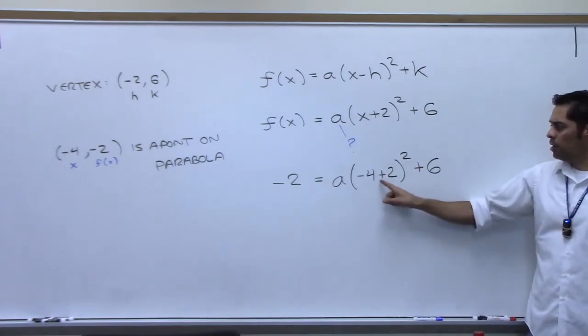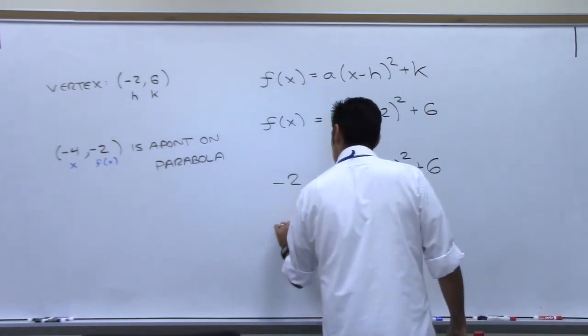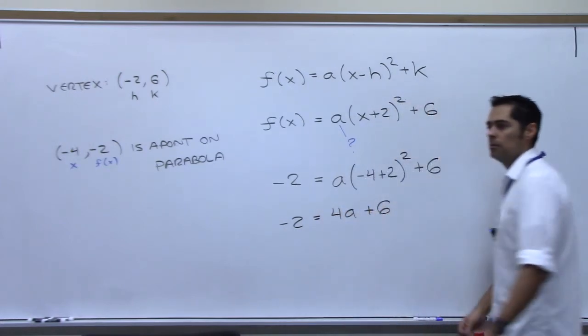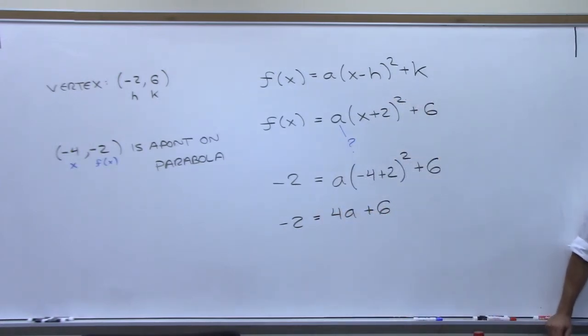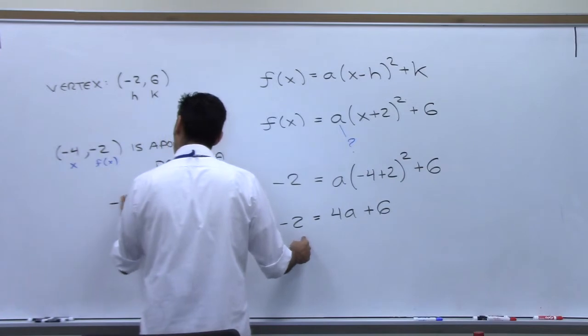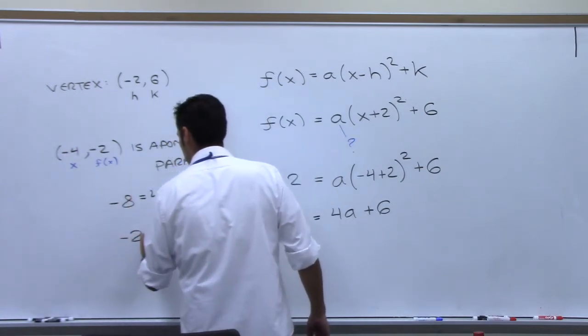What's -4 plus 2? -2, square it, 4. So this becomes -2 equals 4A plus 6. Subtract 6 on both sides, so -8 equals 4A. Finally, A is -2.